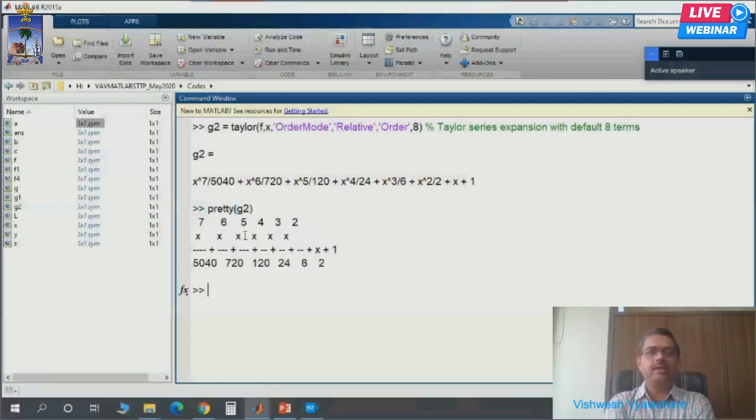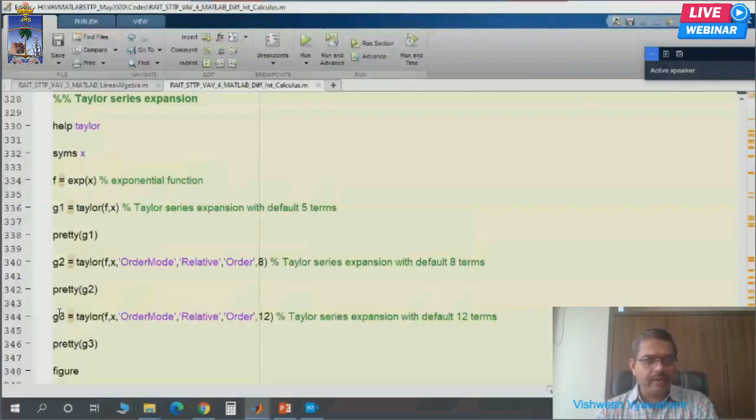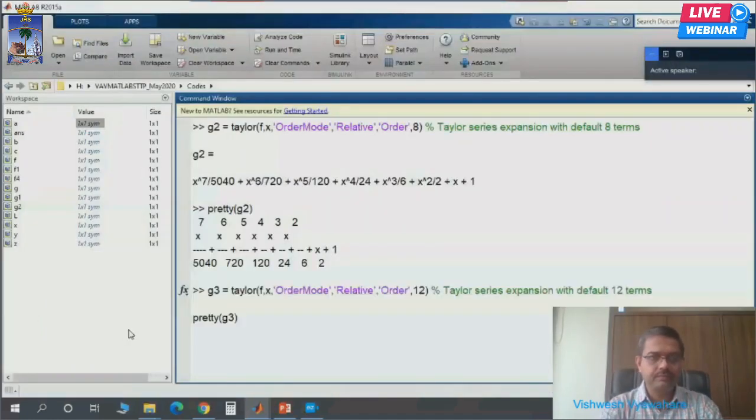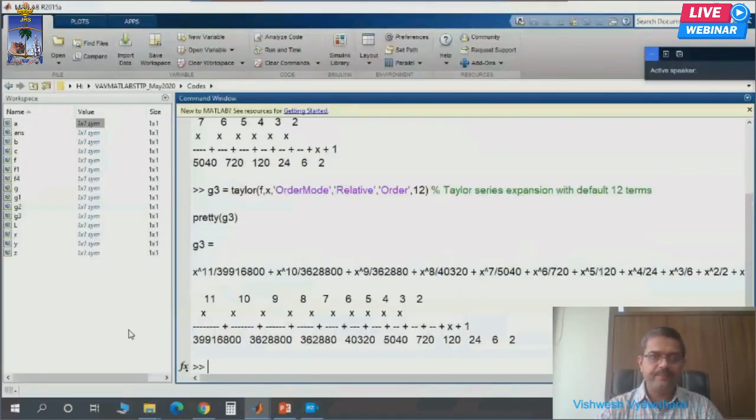This is your 8 terms, that means 7th order, you can say x to the power 7. You can also have 12th order. So you have got 11th order Taylor series expansion, that means Taylor series expansion with 12 terms.